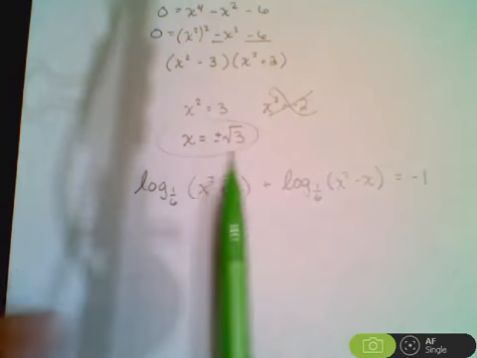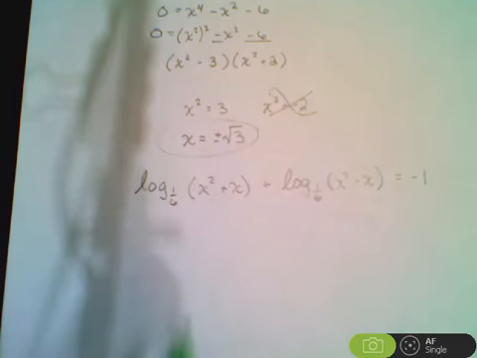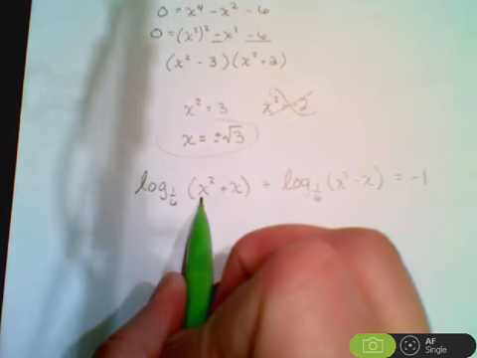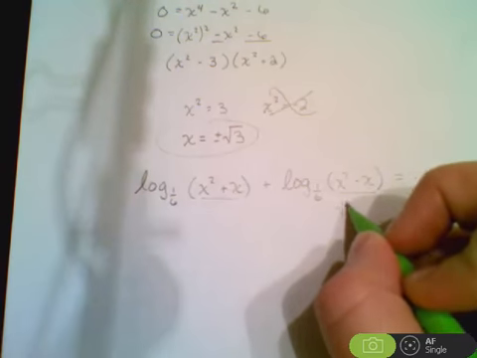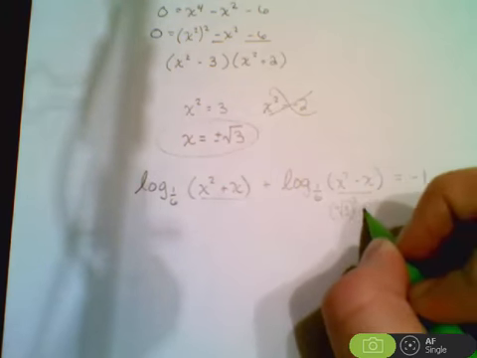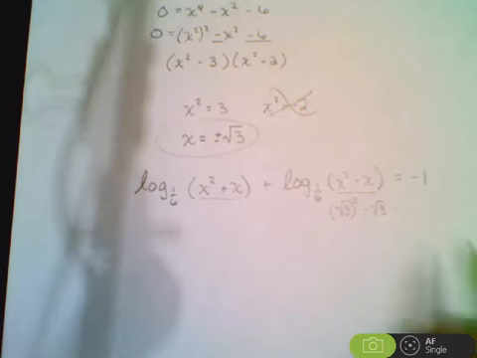I have two answers. So I have to think of the square root of 3. If I plug in the square root of 3 here, it would be fine. I still end up with positive numbers. Here I get the square root of 3 squared minus the square root of 3, which is 3 minus the square root of 3. That's still a positive number, so I'm still okay. So x equal to the square root of 3 works.